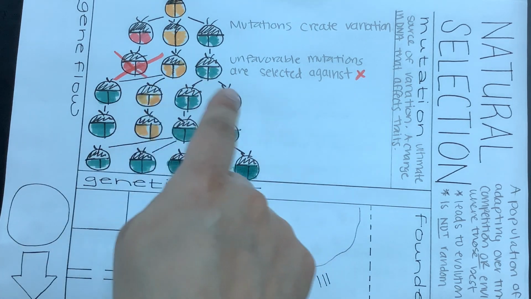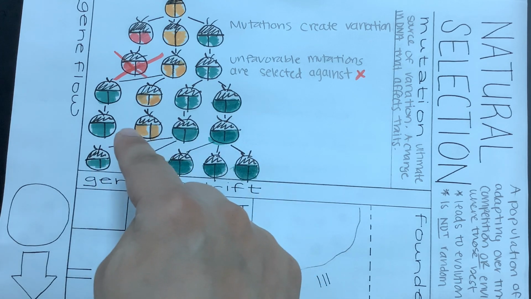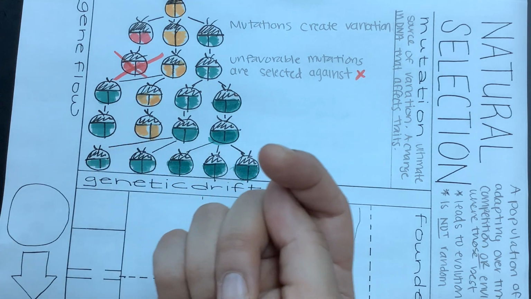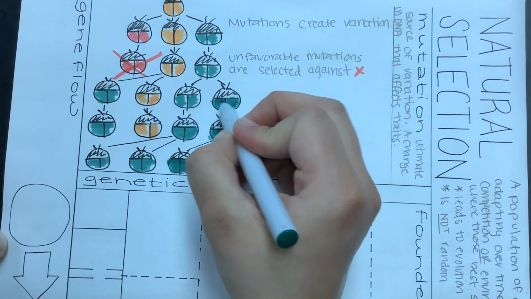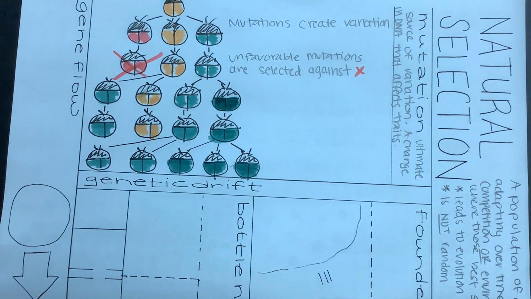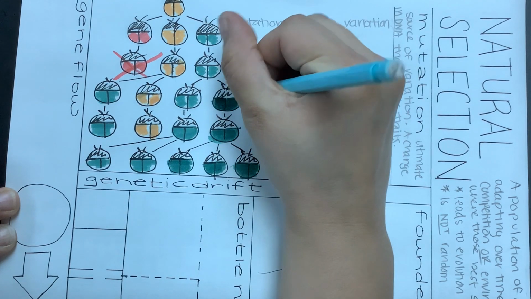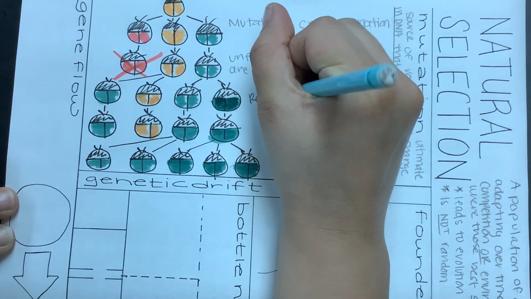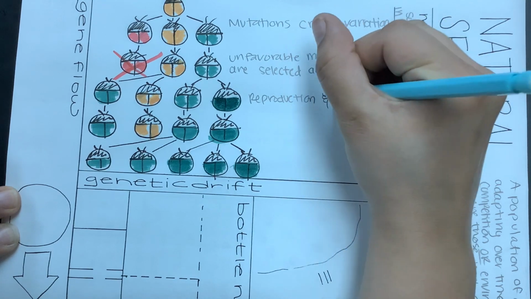In our next generation, we start to reproduce and notice some more variation. Maybe this green one, since it was mutated, now also has a green one, but maybe a darker one. So as reproduction continues to happen, so do mutations.